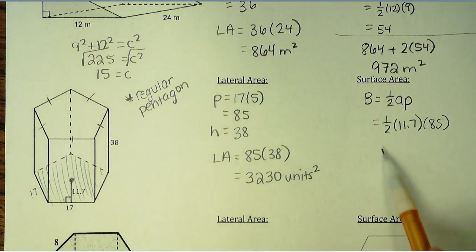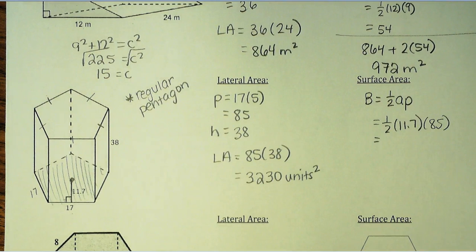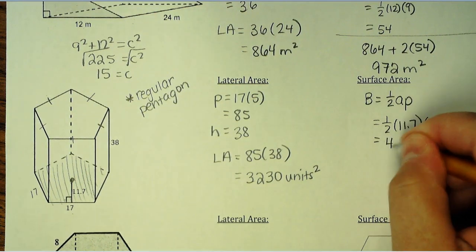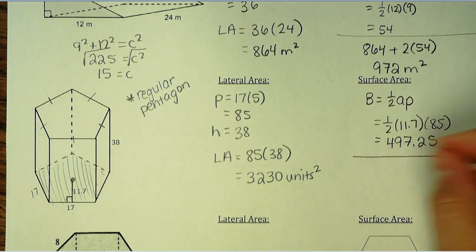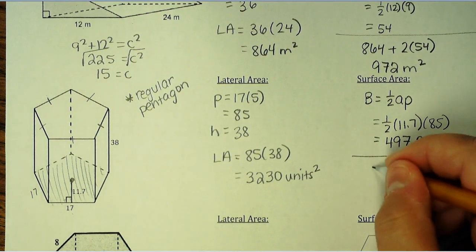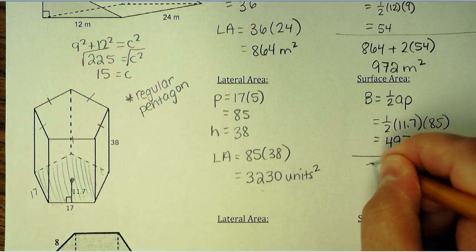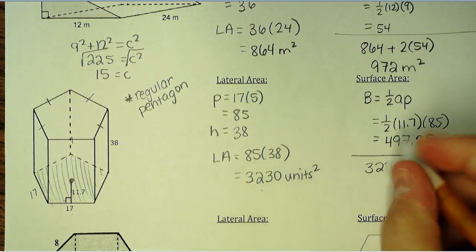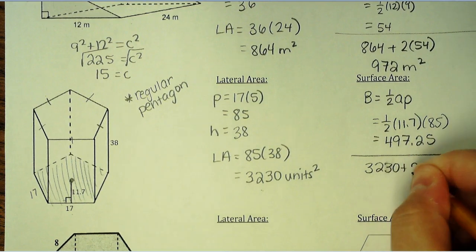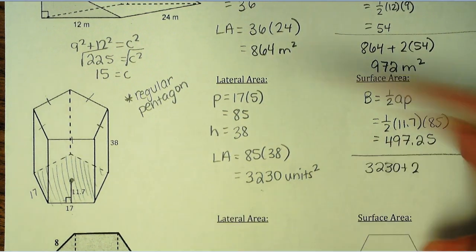All right, so let me go ahead and simplify that real quick. So I'm going to do 1/2 times 11.7, that's the apothem, and then times the 85, that's the perimeter. So this is 497.25. Now, your surface area is your lateral area. So we already have that, the 3230. Plus, I have two bases that are pentagons here.